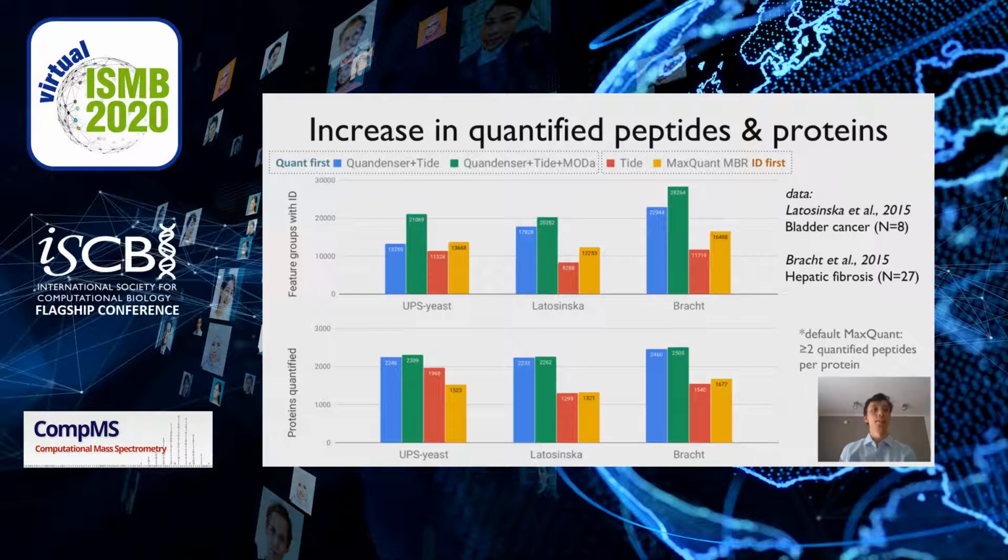And we tested this on 3 different datasets, so the UPS spike-in dataset I referred to previously, but also 2 clinical datasets on the right-hand side. So we can see on a feature group level that we already frequently get a lot more identifications using the quantification first approach. And this also translates to more proteins quantified for the quantification first approaches.